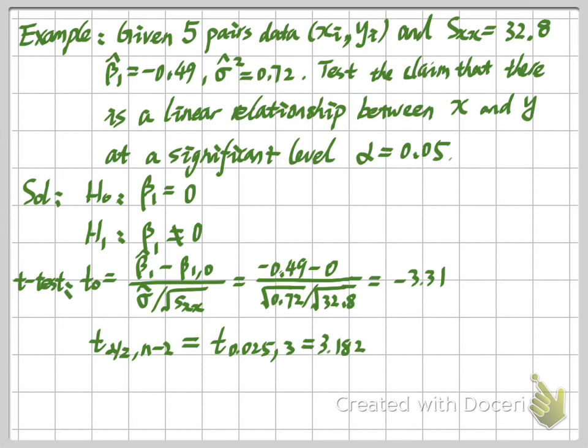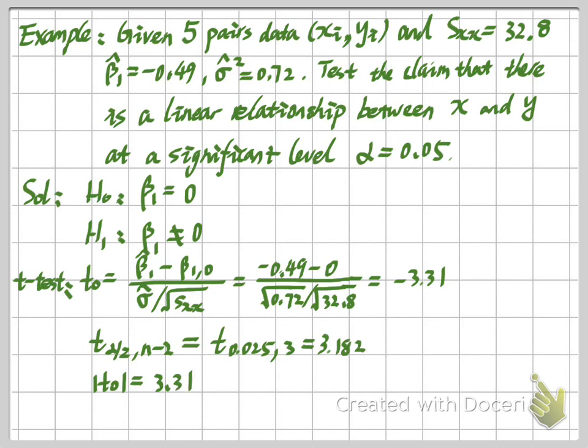Now we want to find out whether our t0 is inside our critical region or not. So we compare the absolute value of t0 to our critical value. Because t0 equals negative 3.31, the absolute value of t0 is 3.31.